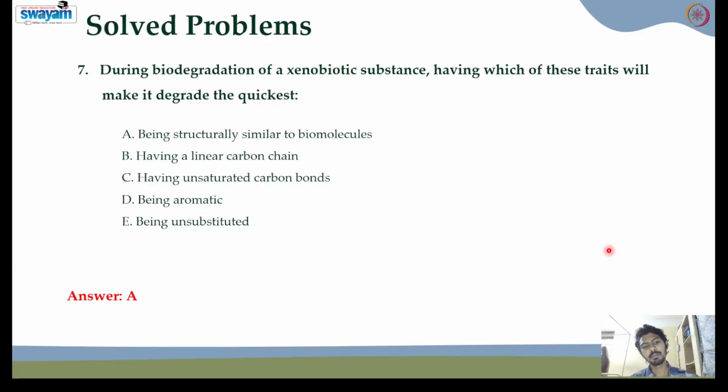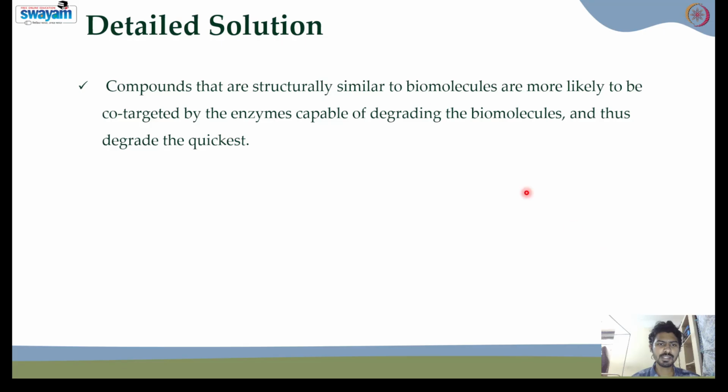Yes, it is correct. Being structurally similar to the biomolecules. Why is it so? Because if the xenobiotic compounds are structurally similar to biomolecules, which can be any carbohydrates, proteins, or similar compounds, they are more likely to be co-targeted by the enzymes that are capable of degrading these biomolecules.